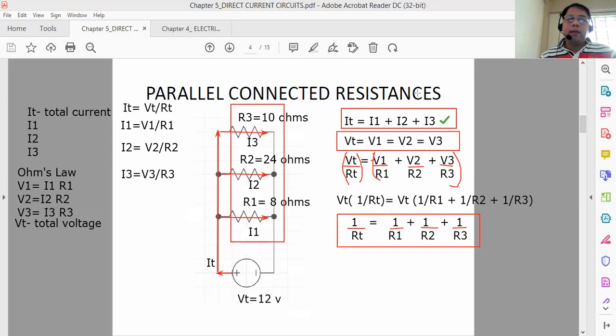But anyway, you can try this out. In the previous example and the previous slide, you can apply the series connection and the parallel connection also to find total resistance, total current, total voltage, and maybe the individual voltages and currents in each of the resistors.